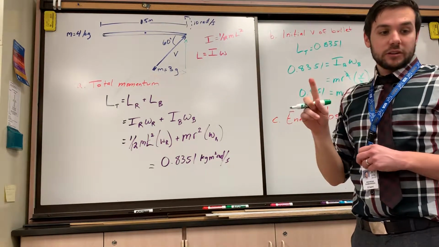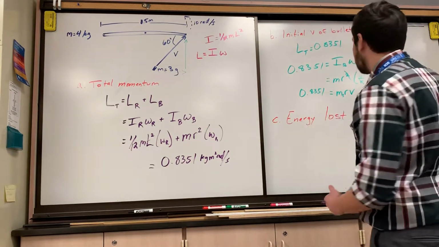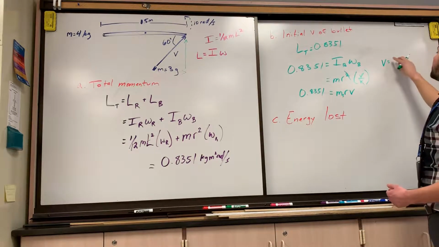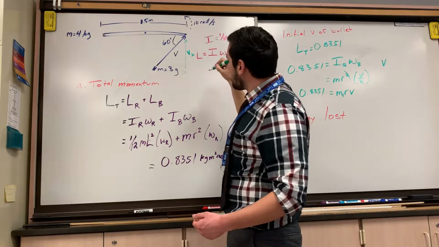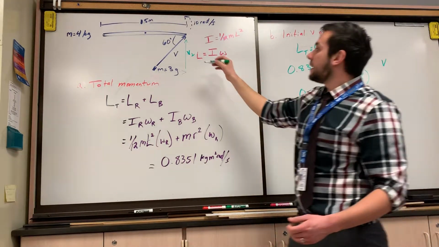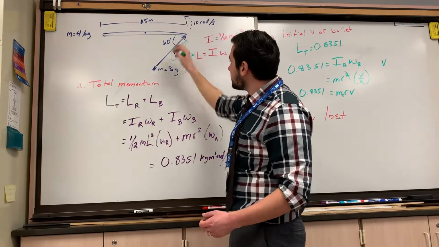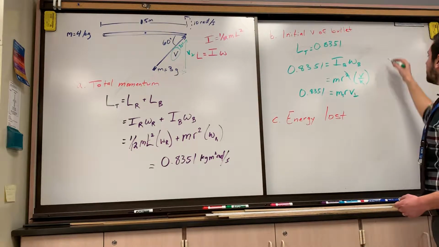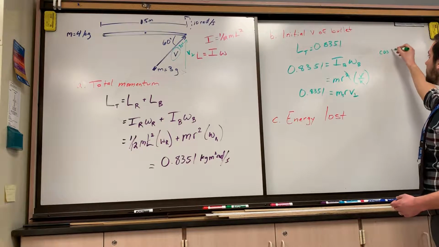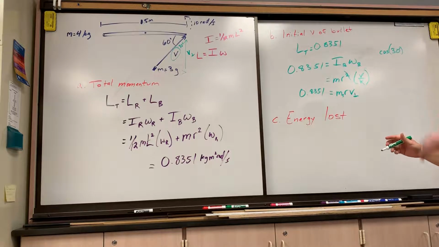But here's the trick. Remember, we only found that perpendicular component of velocity. So this is a v perpendicular, right? But we need to find this component, where this is actually 30 degrees, because this is 60 degrees. So we can say cosine of 30 degrees, make sure your calculator's in degrees for this, because it's 30 degrees, not 30 radians.